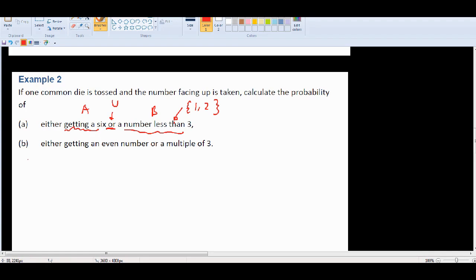So A and B are mutually exclusive, so we will have P(A or B) equals P(A) plus P(B). Okay, let's think. How about P(A), getting a 6? Just 1 out of 6. Number less than 3, you got 2 out of 6, so that's 1/3.